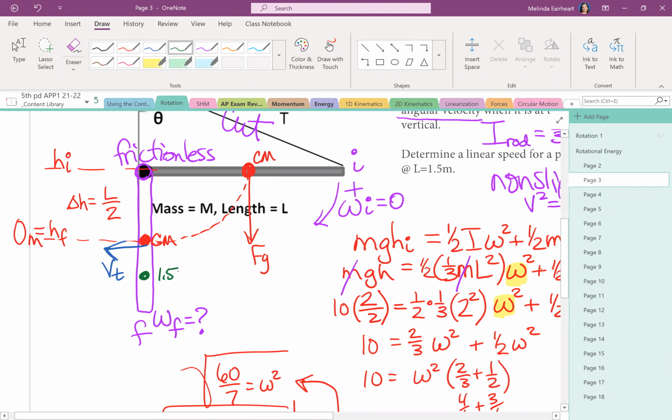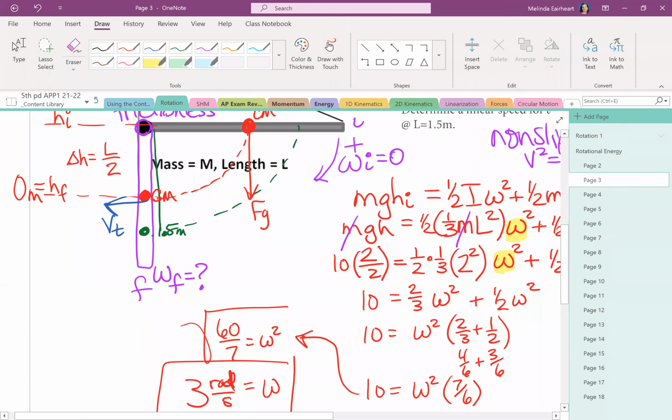Okay, so at the 1.5 meter mark from the fulcrum, is it going to have the same linear speed as the center of mass? Is it going to have the same angular speed as the center of mass? It's going to sweep the same half pi in the same amount of time.